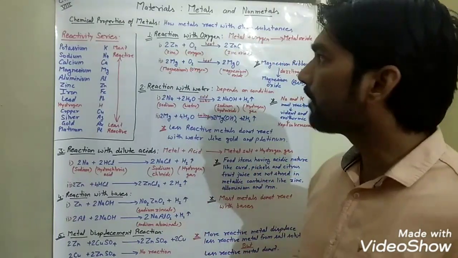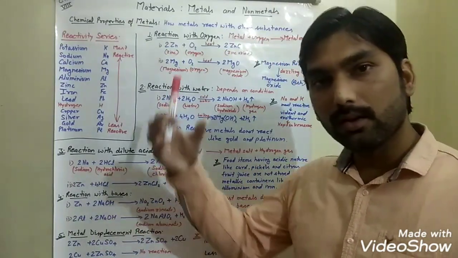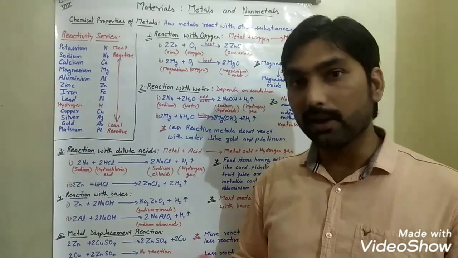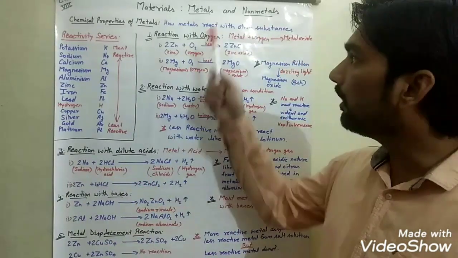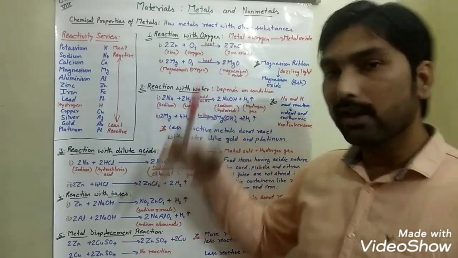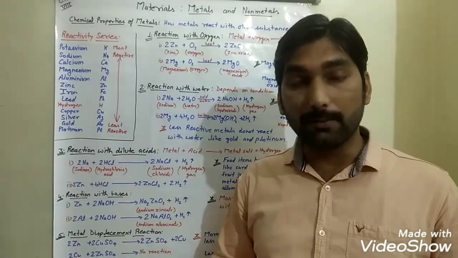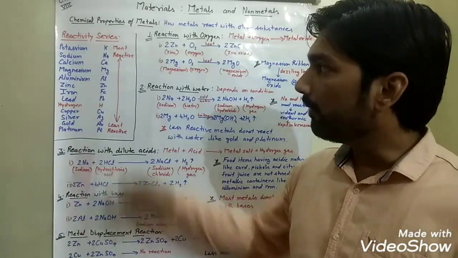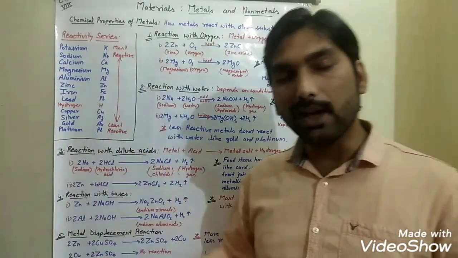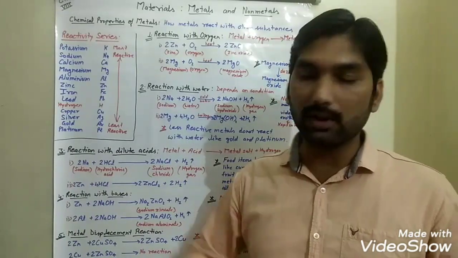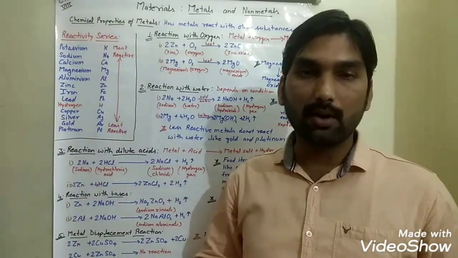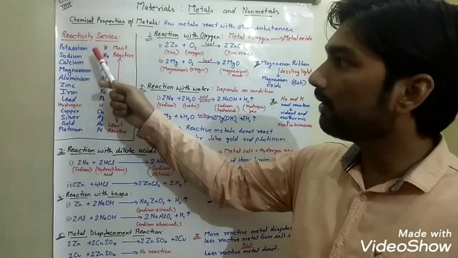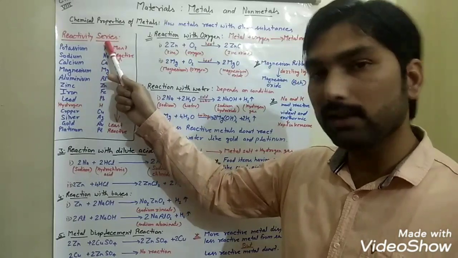In the same way, whether 90 or 91 elements are considered metals, they react with other substances differently, and on the basis of their reactivity we place the elements in a vertical column, which is known as the reactivity series.